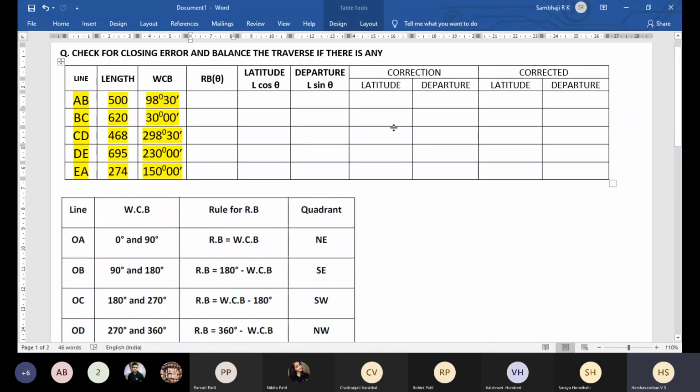The first whole circle bearing is 98 degrees 30 minutes.